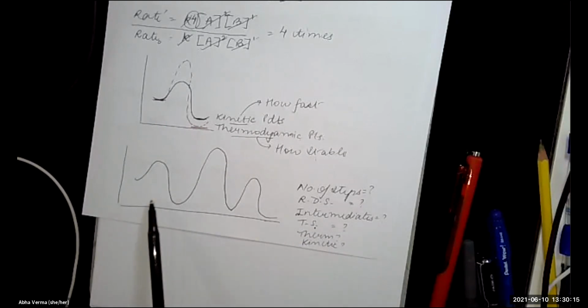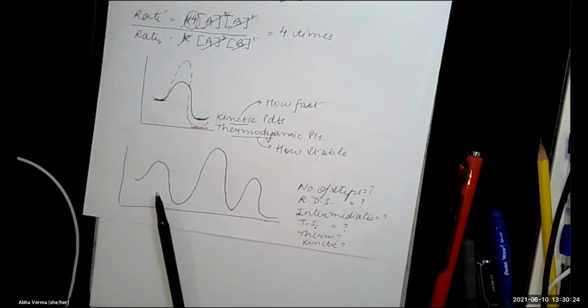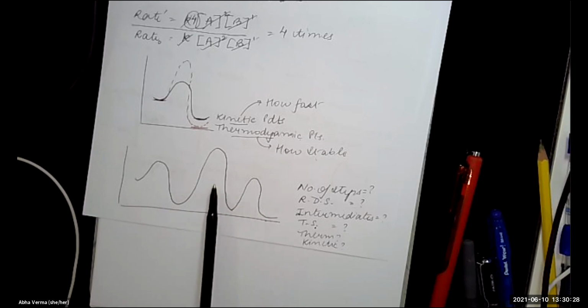But our question from this graph is how many intermediates and how many transition states are in this structure. I'll give you 15 more seconds and then I'll end the poll. So 10, 9, 8, 7, 6, 5, 4, 3, 2, 1, 0. Okay.